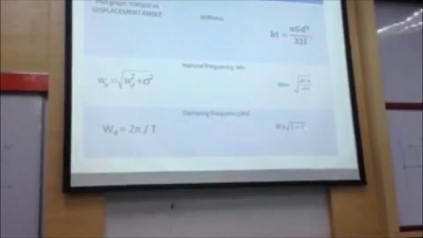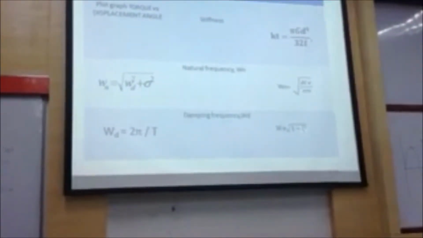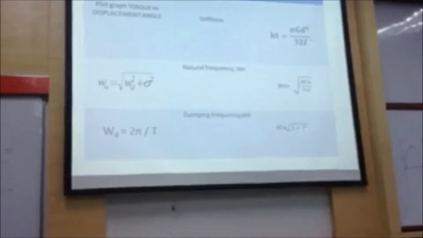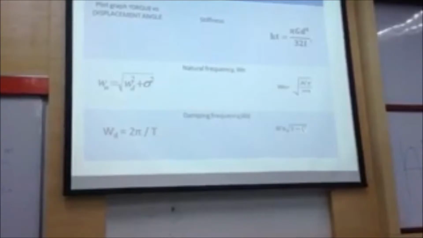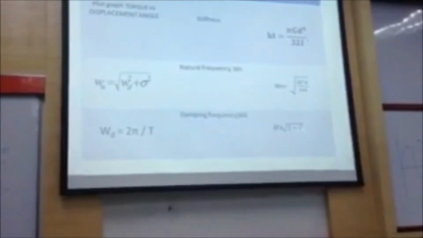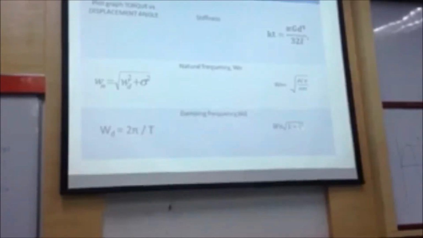And the last one is damping frequency. For the experimental value, we get it from the formula Wd equals 2 pi over T. And for the theoretical value of damping frequency, we get it from the formula Wd equals Wn times square root of 1 minus zeta squared.